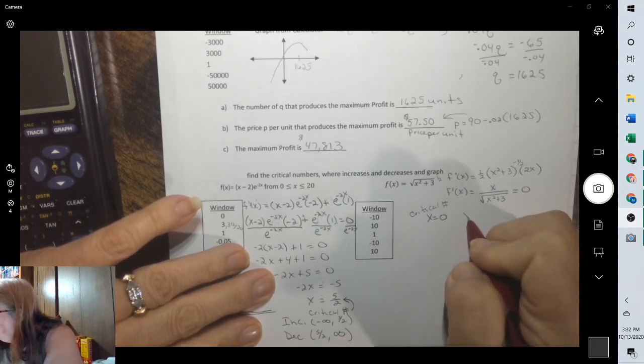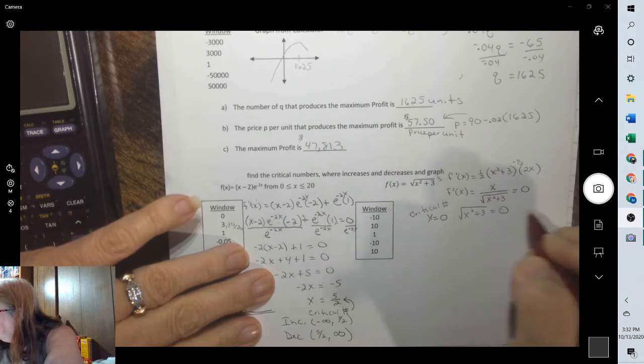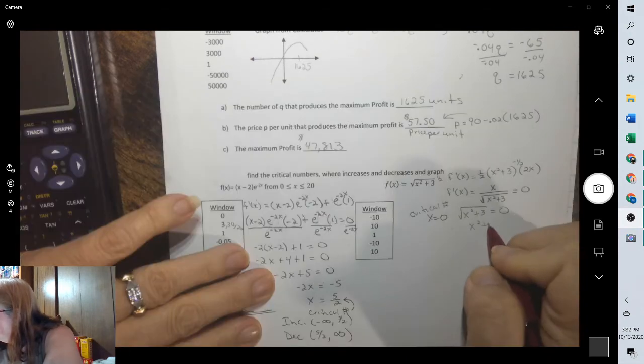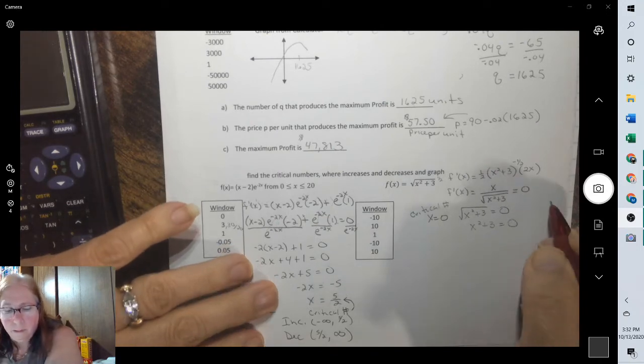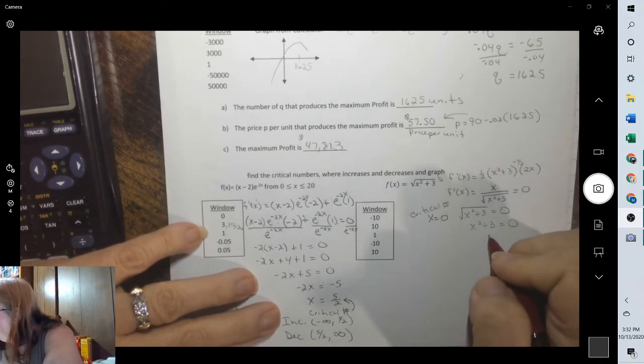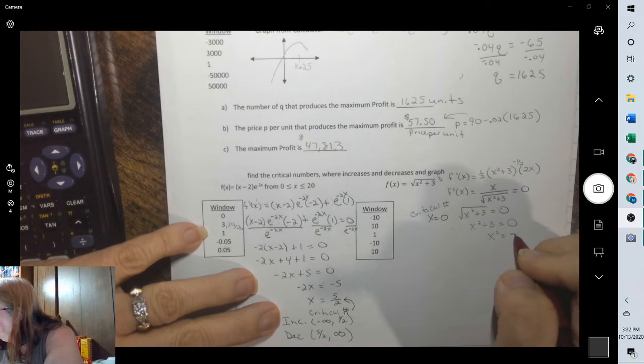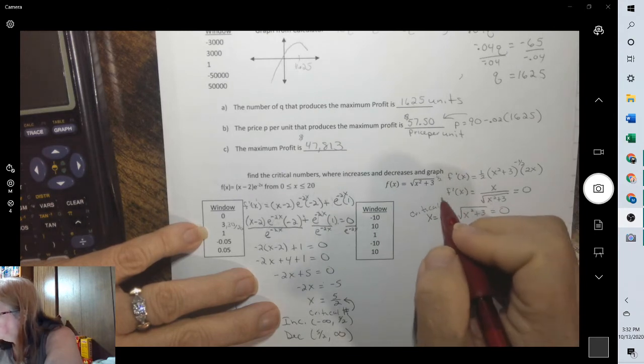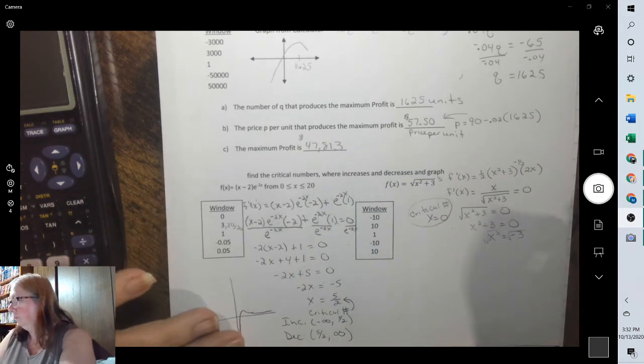Setting the bottom equal to 0, square both sides. We get x squared equals -3. Well, we can't take the square root of that, so there's no other critical number. It's just this one.